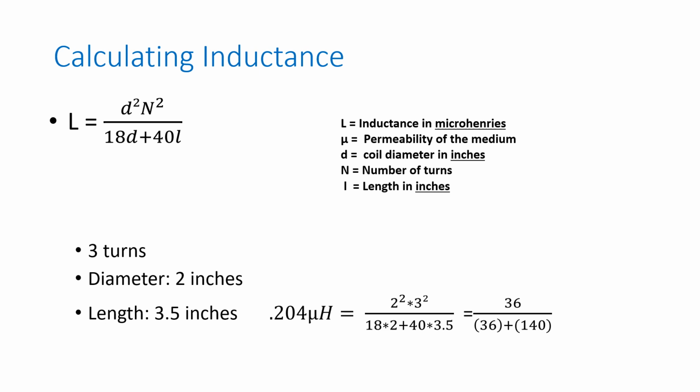Now, what is 0.204 microhenry? I put commas in just to help you count zeros. So here it would be 1 Henry. Here's 1 millihenry. Here's 1 microhenry. So we have 2/10, well, just a little more than 2/10 of 1 microhenry.